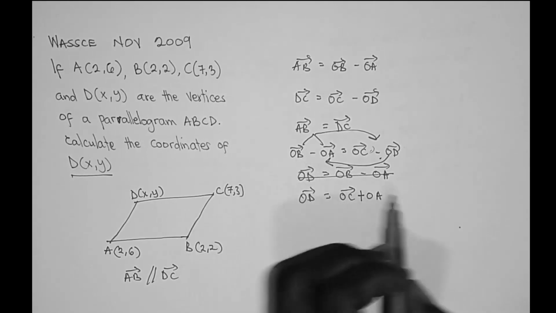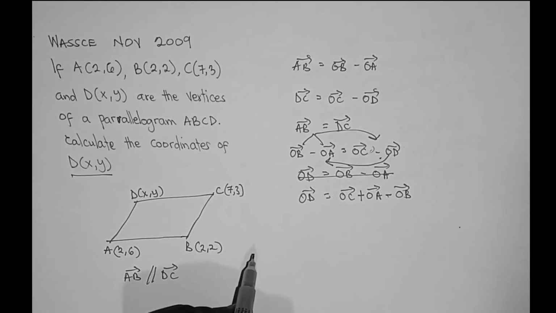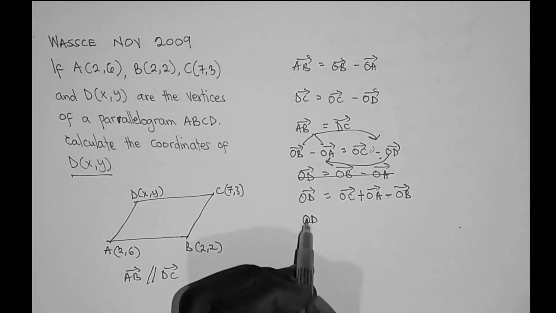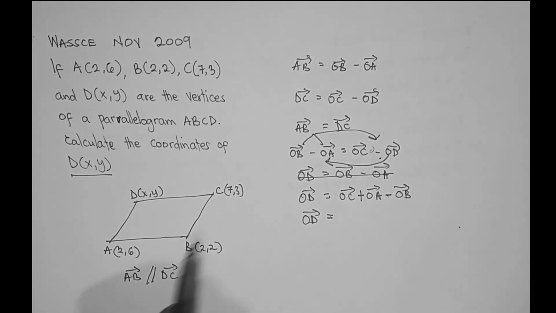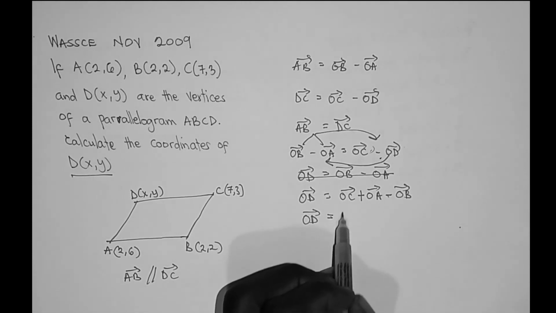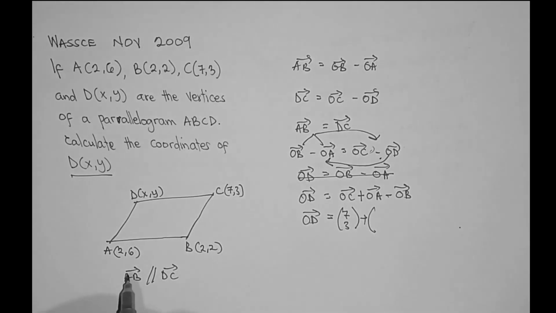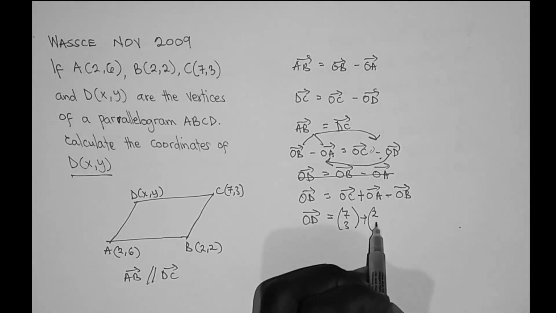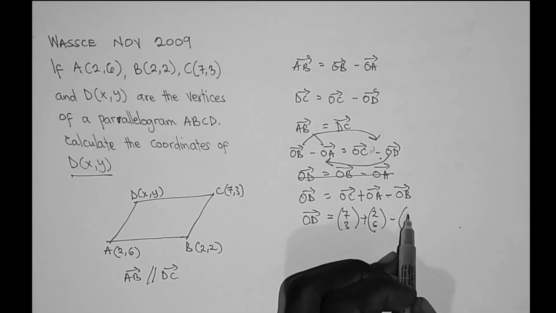Then OB becomes minus OB. So these are all position vectors. So position vector D equals OC, which is (7, 3), then plus OA, which is (2, 6), and minus OB, which is (2, 2).